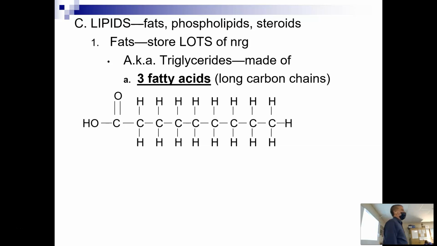However, I could very well give you the fact that there are 3 of those. That's what the times 3 means. It takes 3 of those and one other molecule and make you bond them together for me into a triglyceride.